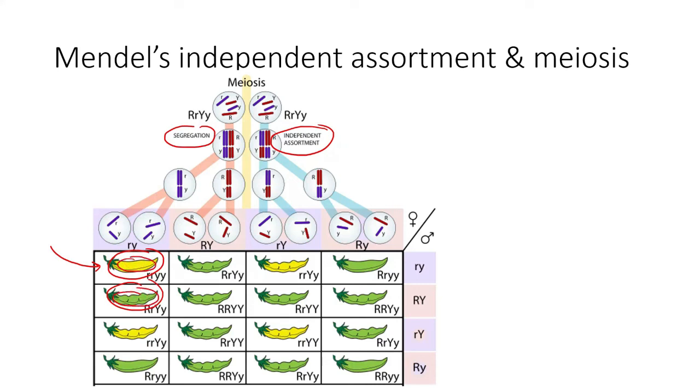And so there were different combinations which sorted themselves out independent of one another. And we now know that's because of the way these chromosomes line up. Is it blue on the left and red on the right? Or is it a different combination of that that results in new combinations of traits?